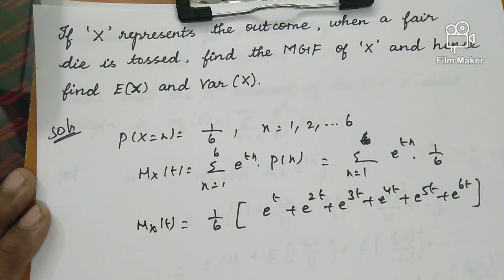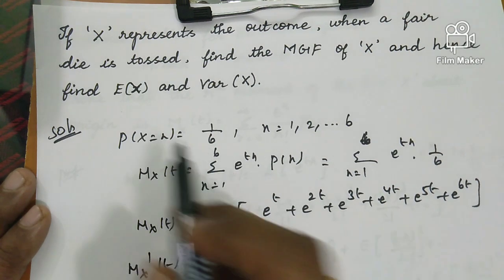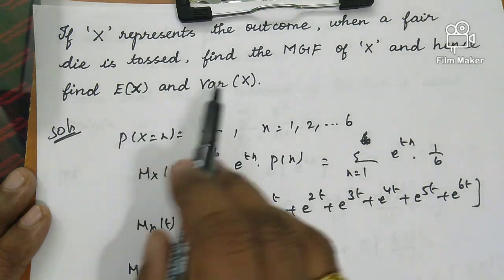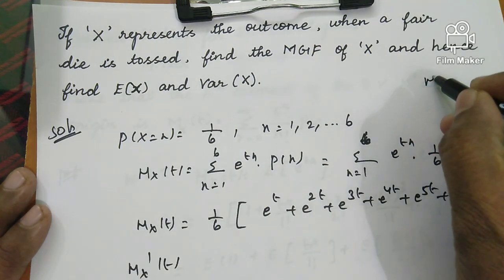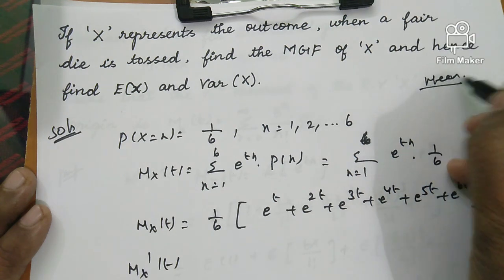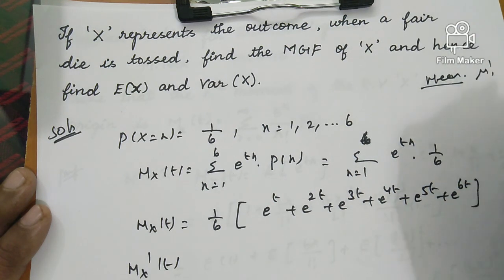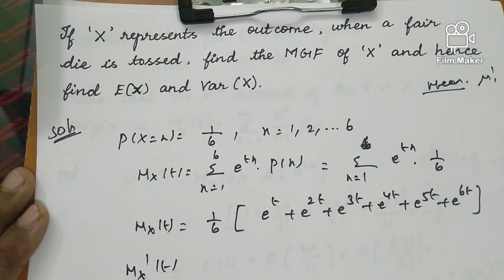Now I am going to find the first derivative, because the question is to find the mean and variance, that is E of x and variance of x. E of x is nothing but the mean. Another notation is mu1 dash. Taking the first derivative of the moment generating function Mx of t gives the mean.